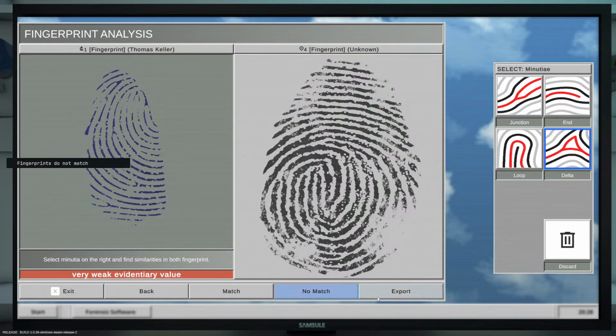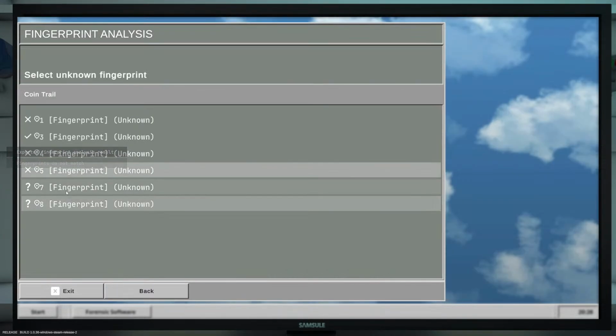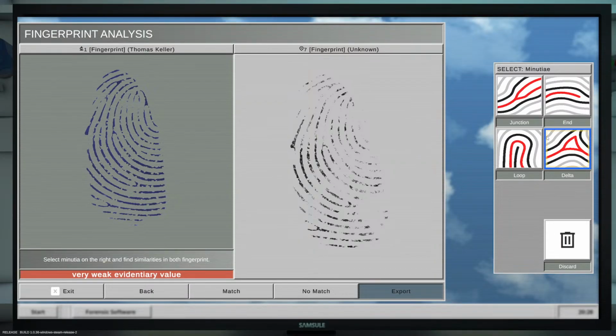No match. Export. No match. This is going to be a match. I can tell already. I think we can get another junction there.